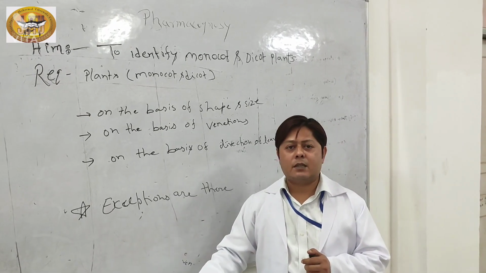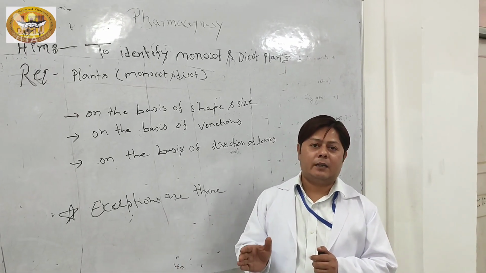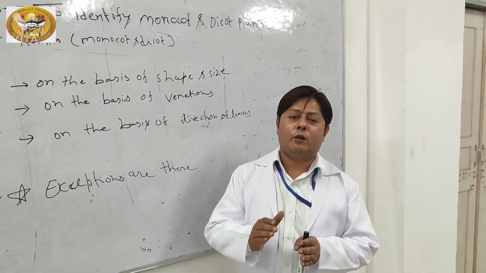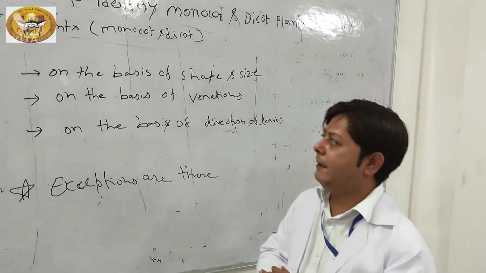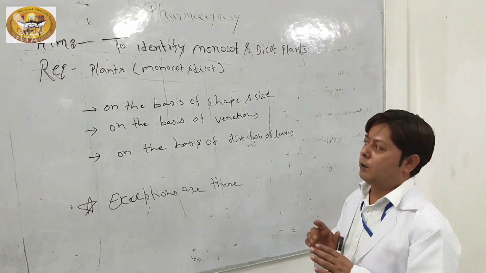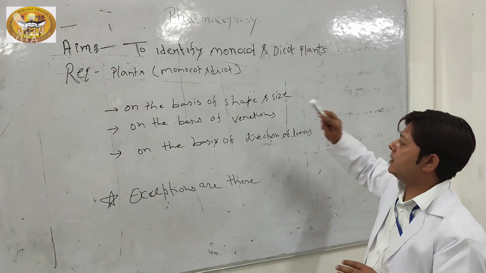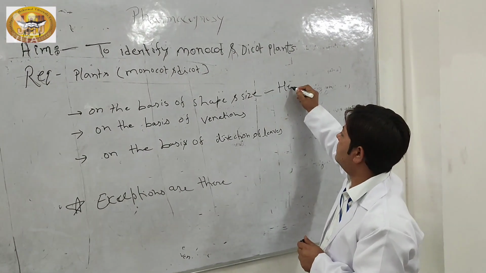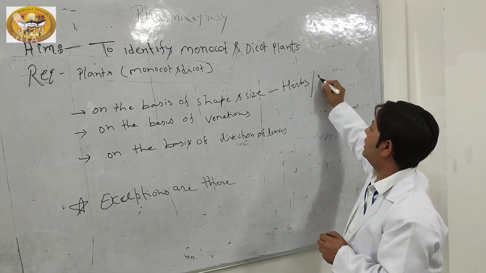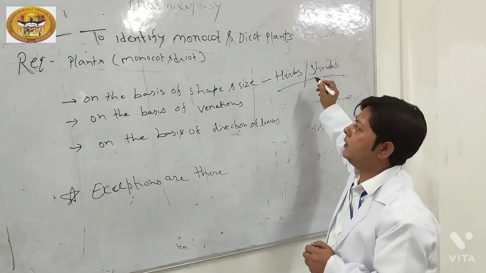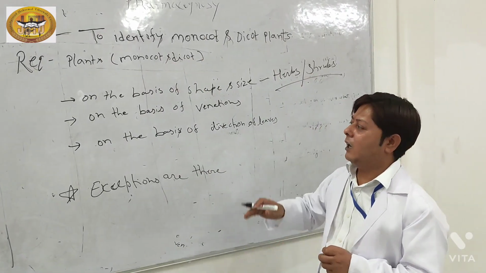They are shrubs, but they are not monocot plants, they are dicot plants. There are some exceptions which we will discuss later. First we will see the general criteria for identifying monocot and dicot plants. So first, on the basis of shape and size, all the herbs and shrubs are mostly monocot plants.